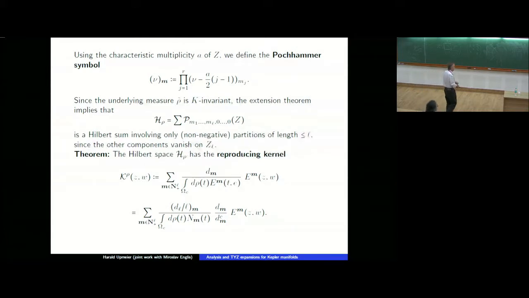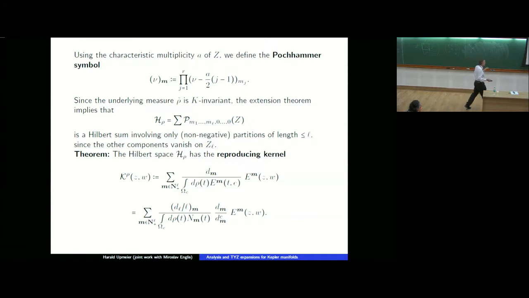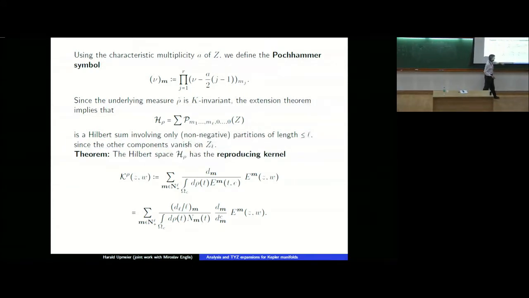And the first theorem, which I just want to mention in passing because I have a better theorem soon, is that the reproducing kernel function can be expressed in terms of these Fischer-Fock kernels, E_m of zw, and the numbers are explicitly known. d_m is the dimension and E_m is the kernel.